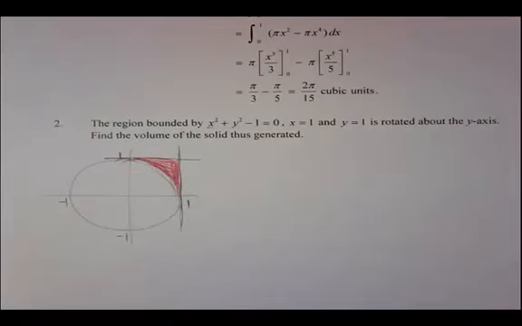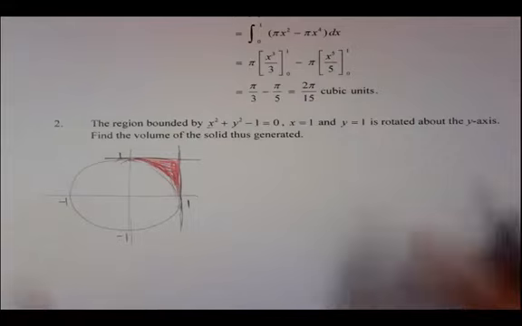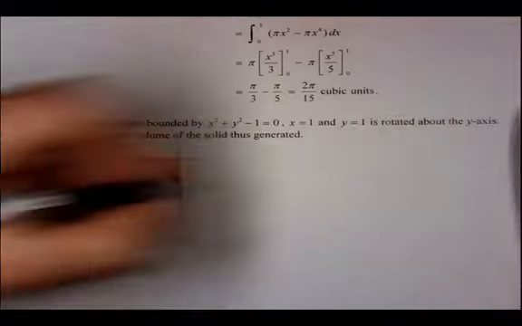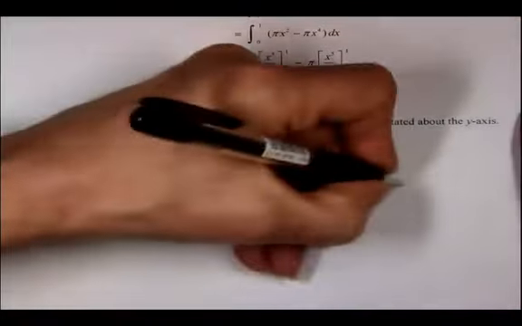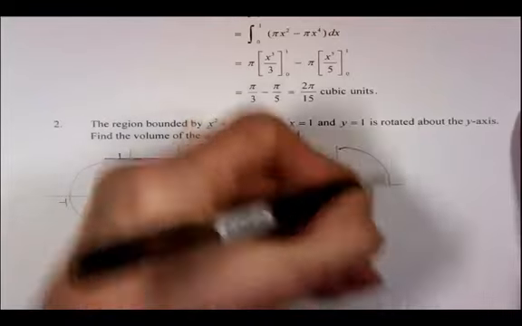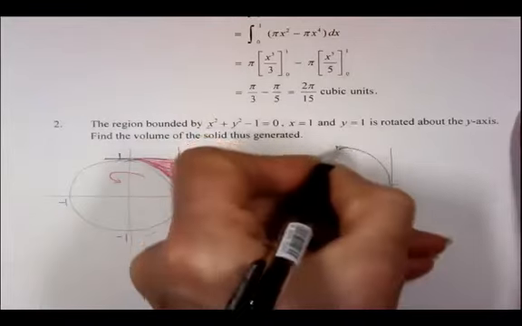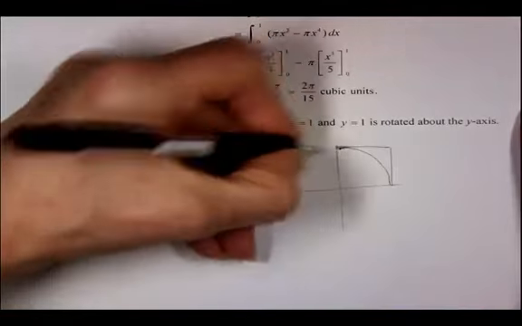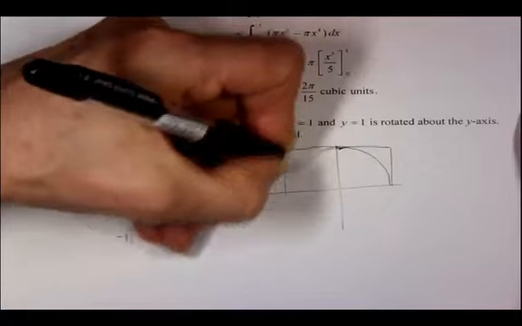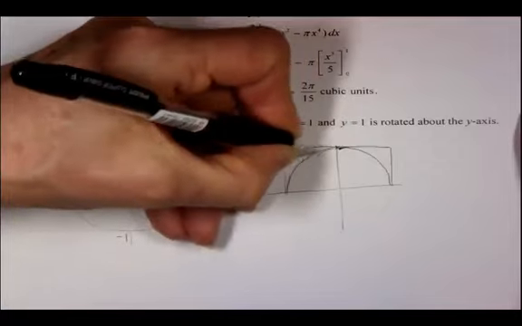And it's rotated around the y-axis, so we're rotating around here. Maybe we need a slightly better picture. You go home and draw something better. I'm sure you can. Okay.